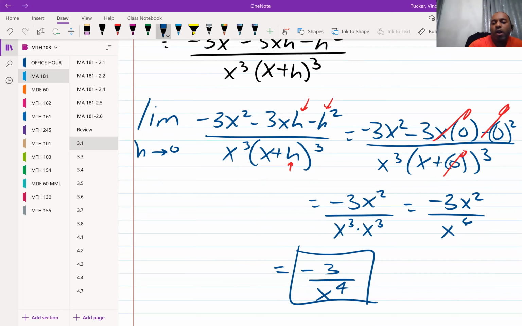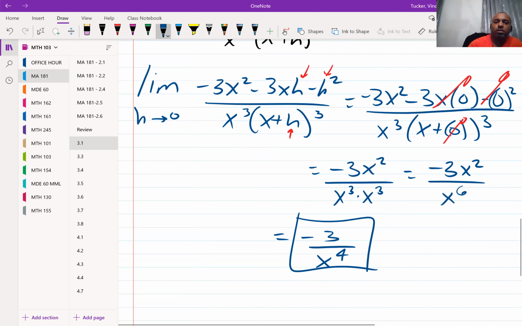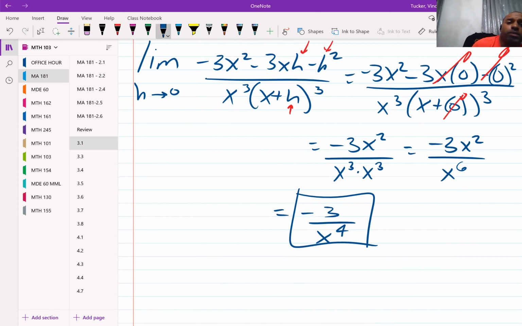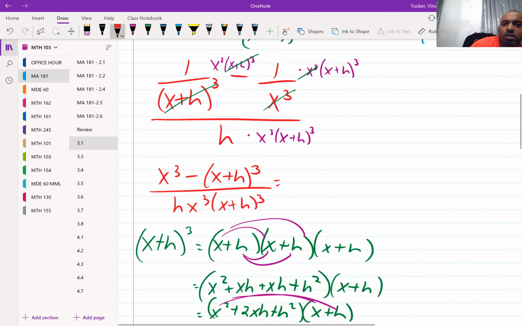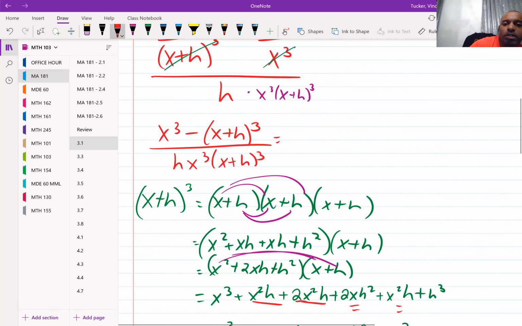All right, any problems with what we've done so far? Make sure we're okay. So now we can find our slope if we evaluate this at the point that they gave us, (-2, -1/8).